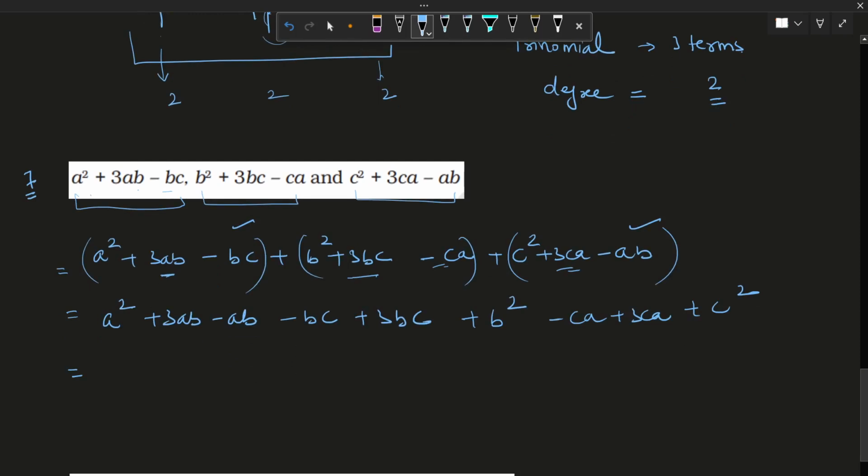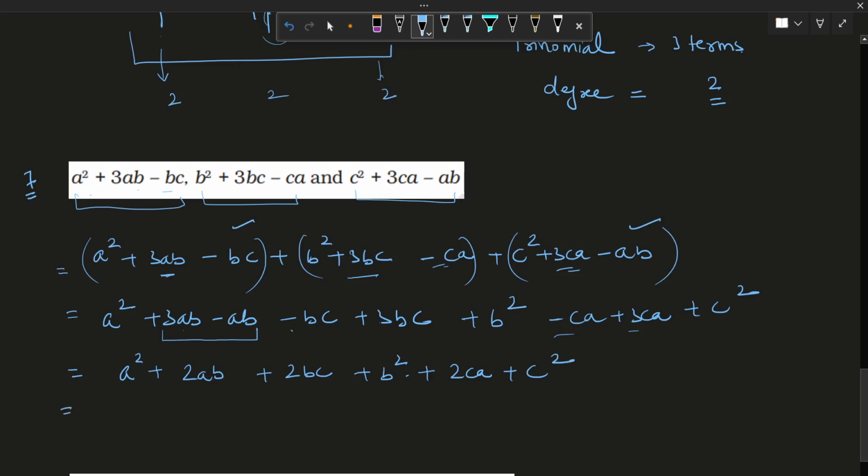Now what do we do next? Just solve the like terms. Nothing goes with a square, and these two are like terms. So what is 3 minus 1? That's 2. What is minus 1 plus 3? Again 2. Plus b square. What is minus 1 plus 3? Again 2ca plus c square.